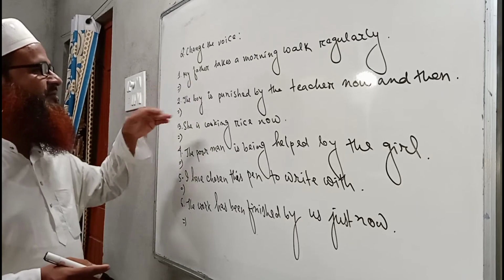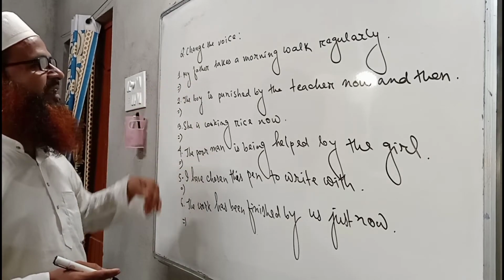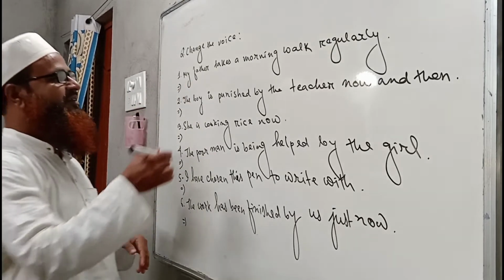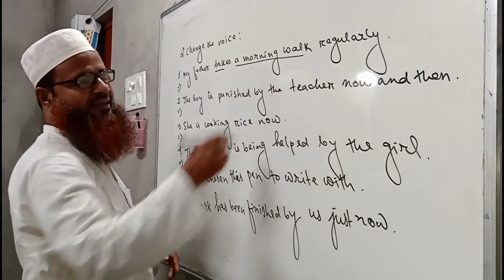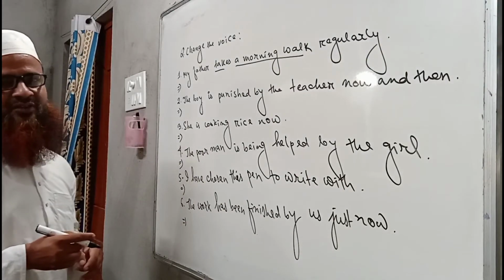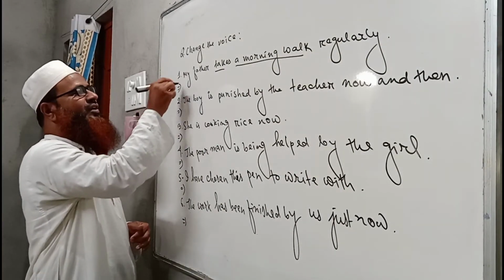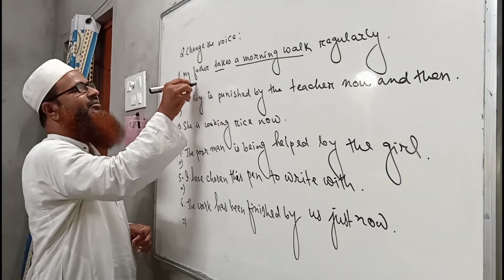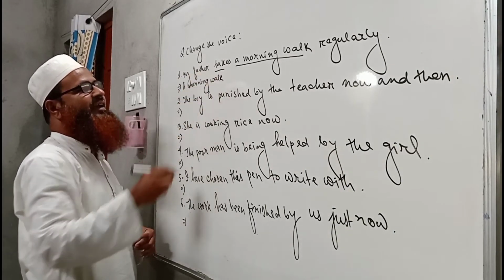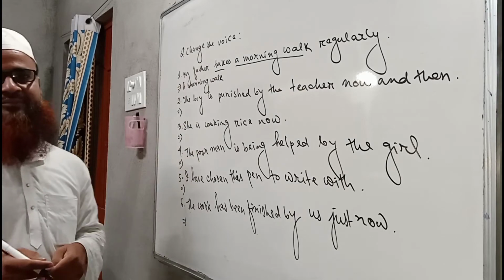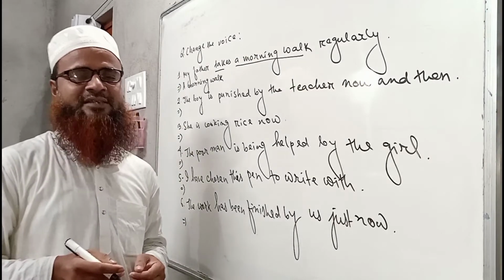Let us come here. My father takes a morning walk regularly. This is a sentence of present indefinite tense. Here a morning walk is the object of this verb take. So a morning walk will come at the very beginning of the sentence. As it is in the present tense, the verb am, is or are will come.